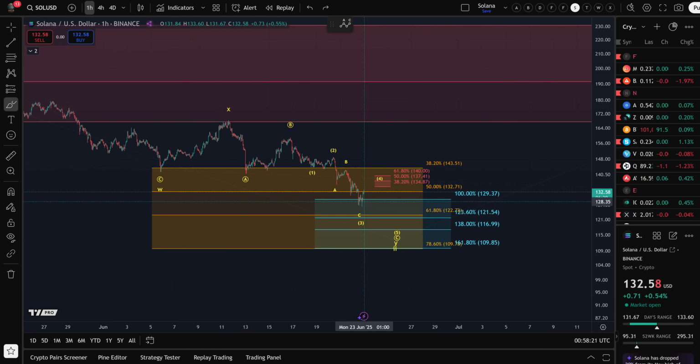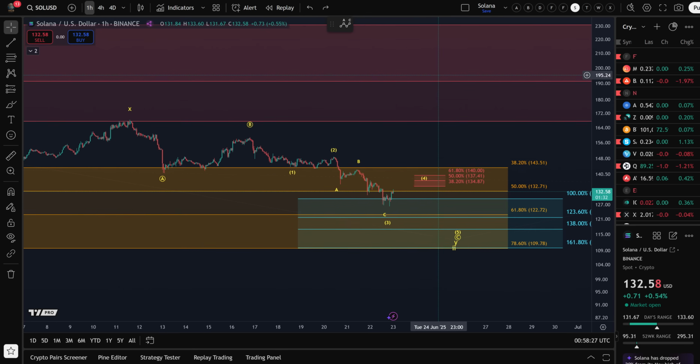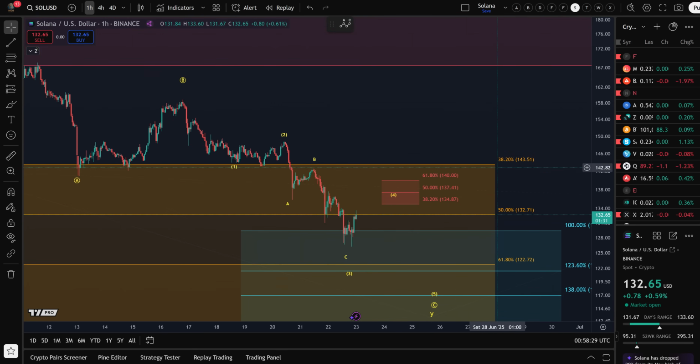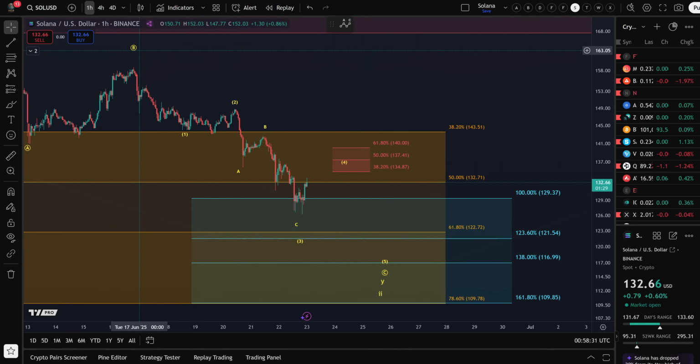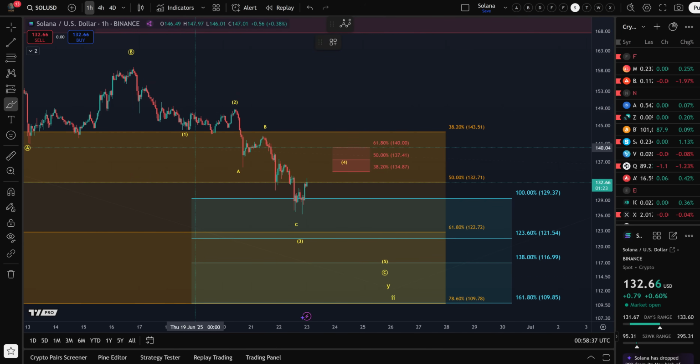Now, looking at the nanostructures, let us zoom in a little bit. So we can say that in this decline here, this is likely a C wave down that's unfolding. Okay, no surprise, we talked about that. And this should be a 5-wave move. Wave 1, wave 2. And now this is where it's getting a bit messy.